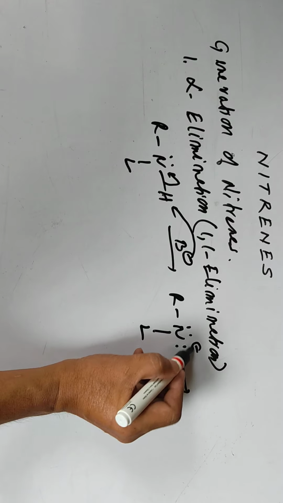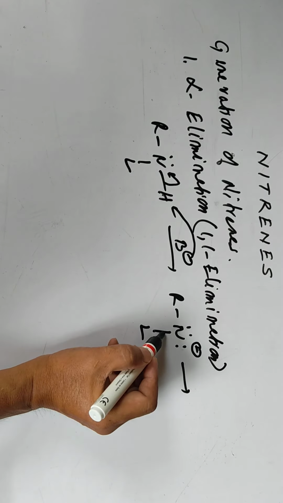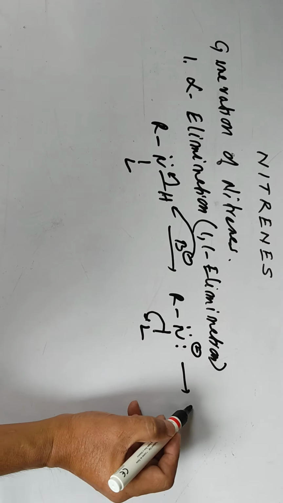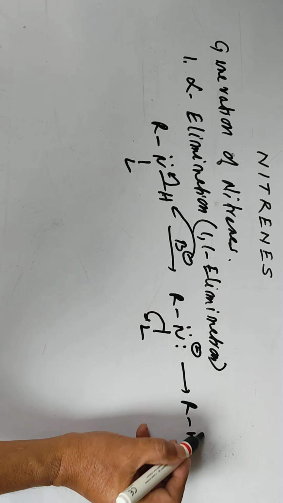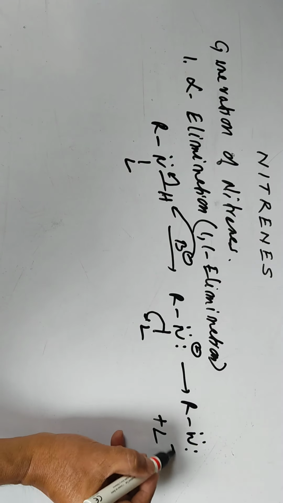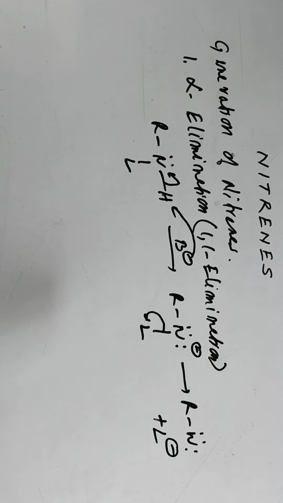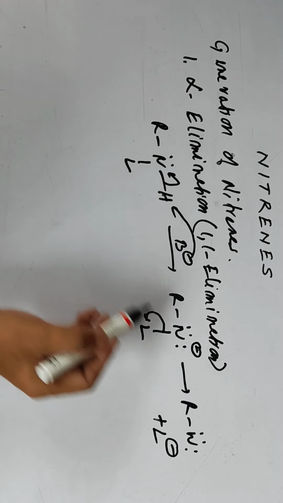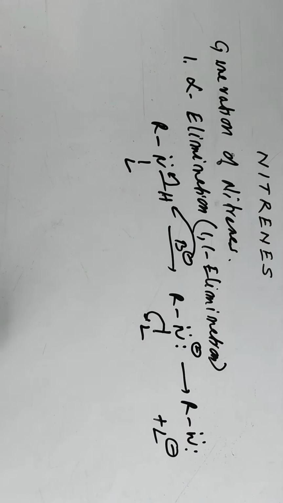Then the leaving group is lost, taking the charge with it, and you have the nitrogen with a negative charge. So two atoms or groups are removed from the same nitrogen atom. This is alpha elimination.